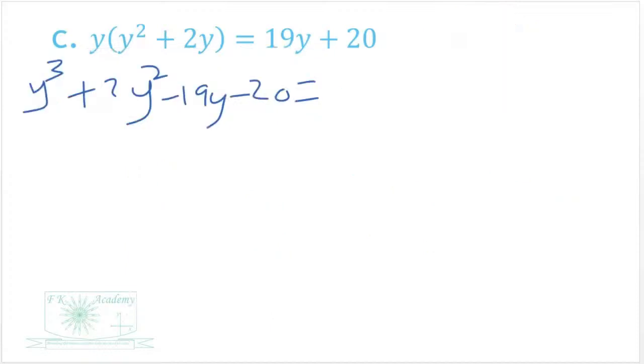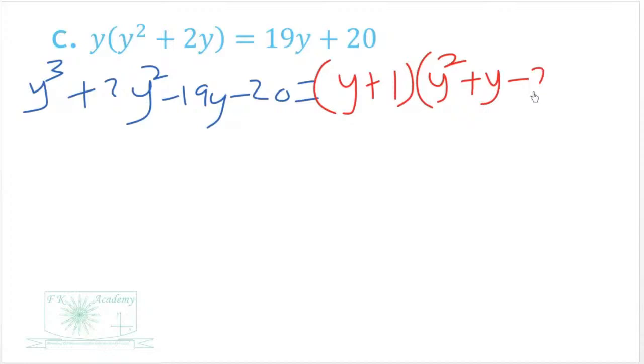The given polynomial will factor like this: y plus 1, then we have y squared plus y minus 20, because we had the quotient of the polynomial to be 1, 1, negative 20.